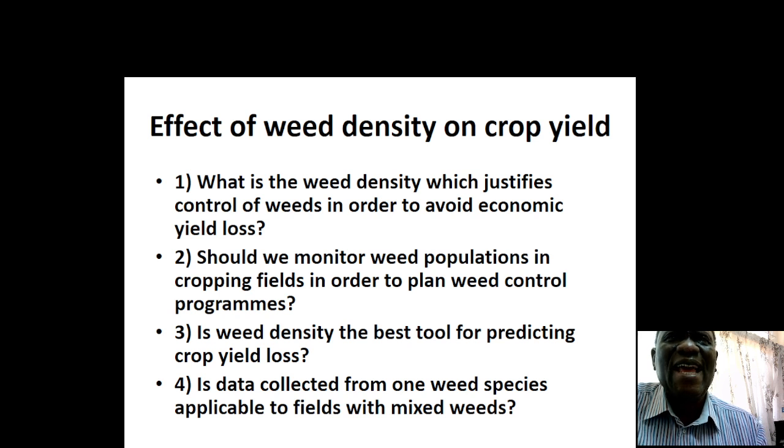Now, with this type of investigation or research, you are dealing with one weed at a time. But when you go into the fields, there's a mixture of weeds, and sometimes it becomes problematic to apply such data to field conditions. But at least we have somewhere to start.